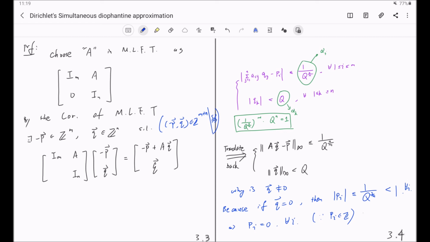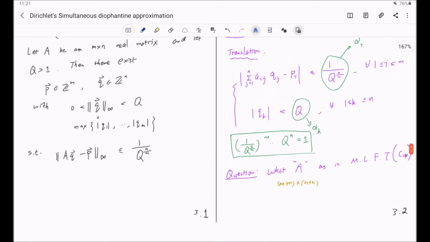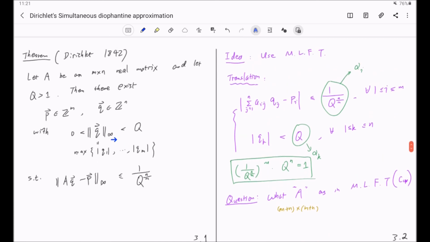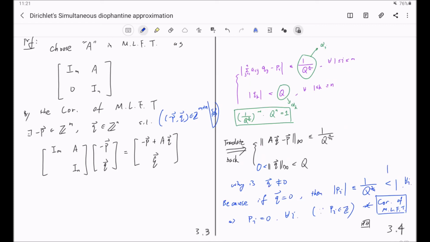So anyway, this is a contradiction to the corollary. And this completes the proof of Dirichlet's simultaneous Diophantine approximation, because now we can conclude that this q is also non-zero. This is exactly what is stated in Dirichlet's theorem. The hypothesis that Q is greater than 1 is used here.